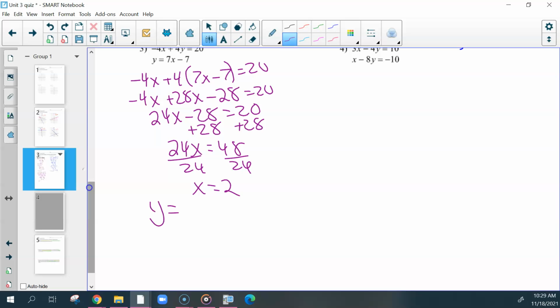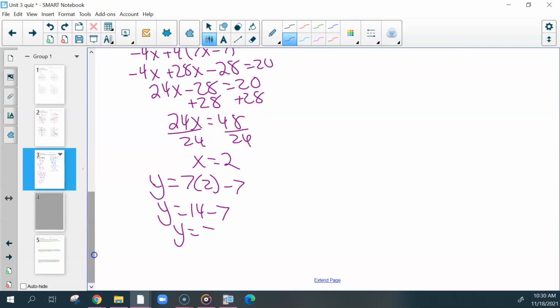So put 2 in for x. Once you have your x and your y, put those as an ordered pair here. So 2 steps. Questions on that one?